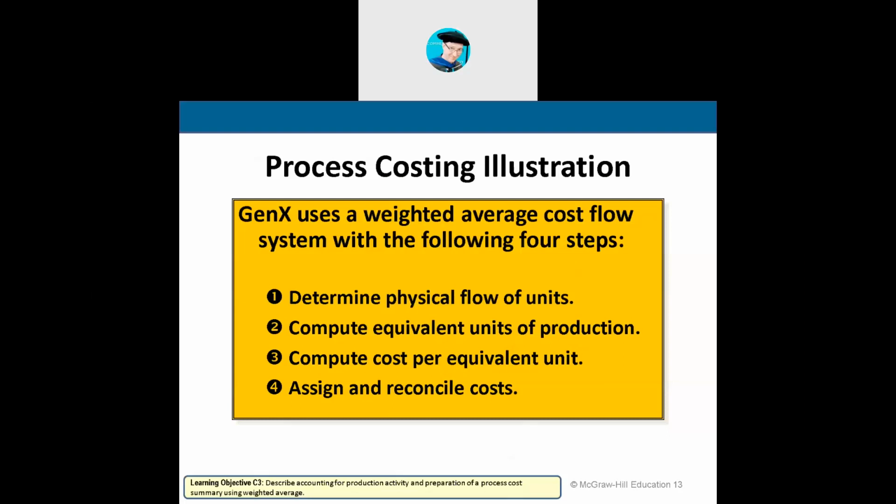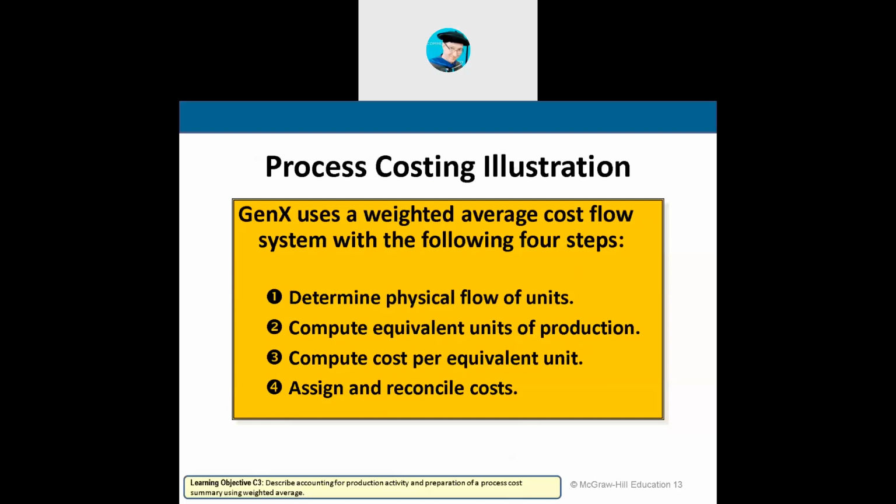It is the physical flow of the tennis ball. It moves through those three departments. So first one, determine physical flow. Step 2, compute equivalent units of production.